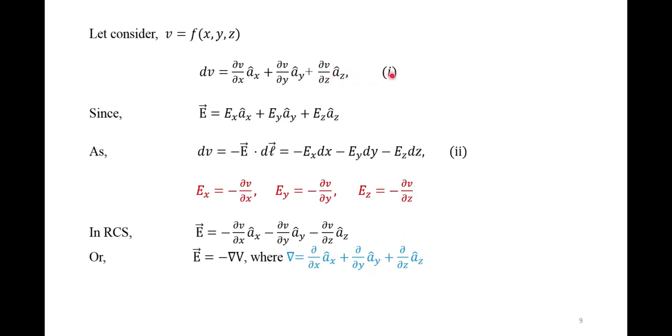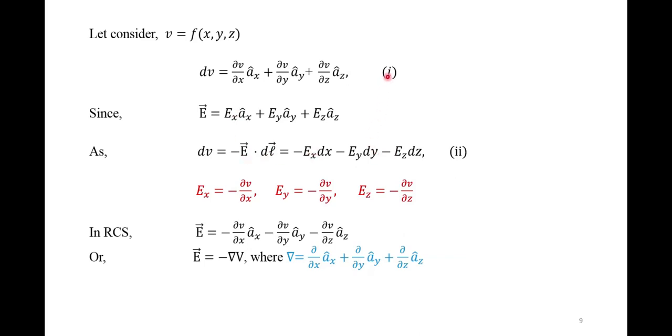Let us assume this is our equation number 1, and we also know that the electric field has three components along each axis. So from the differential relation of the integral form of potential we can write dV equals minus E dot dl. Using the differential length in the rectangular coordinate system and the electric field, we obtain equation number 2.